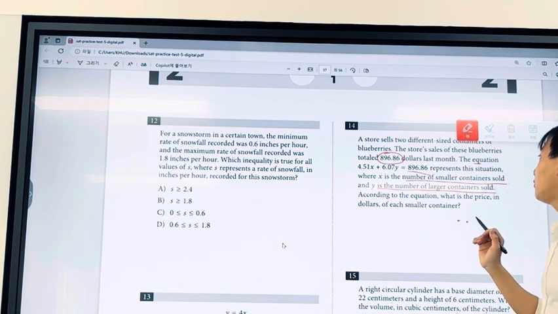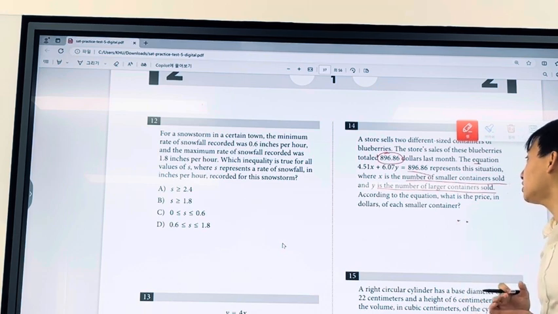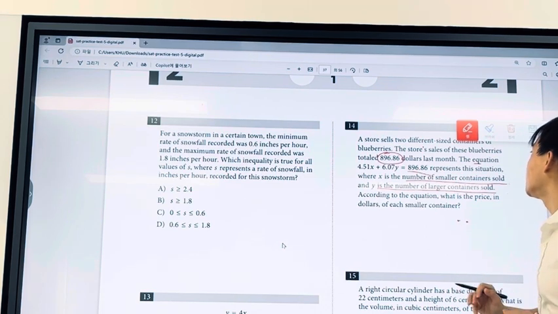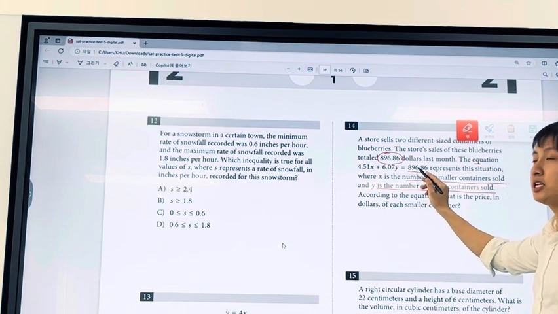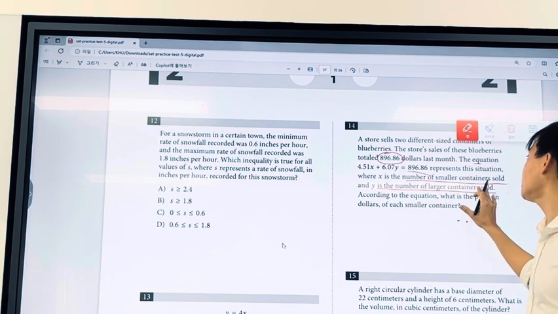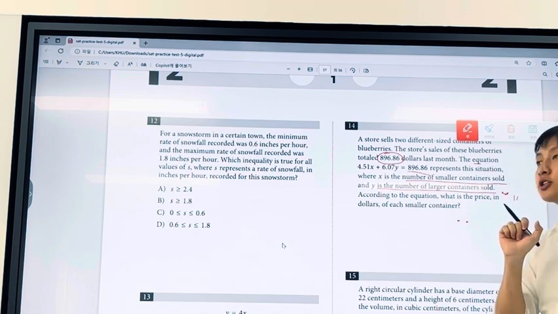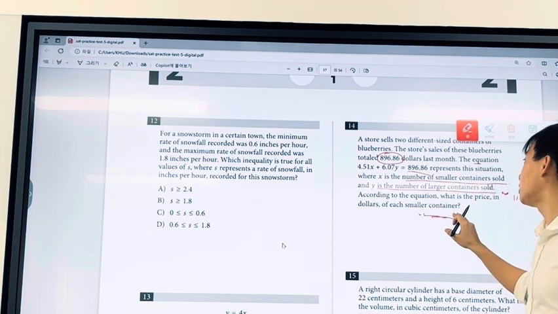Right. So for this question, how can we do this? What is the price in dollars? So the total you are given is 896.86. x is the number of smaller containers sold, and y is the number of larger containers sold. So what is the price in dollars for a small container?